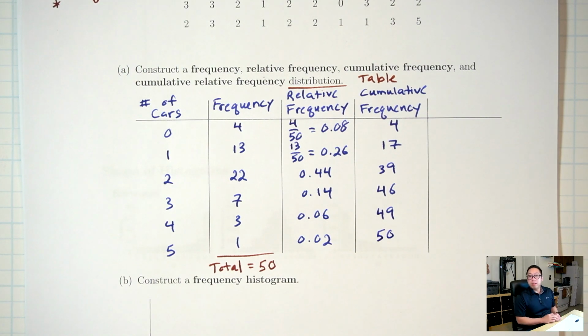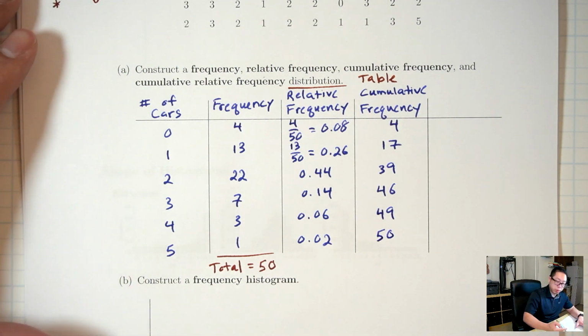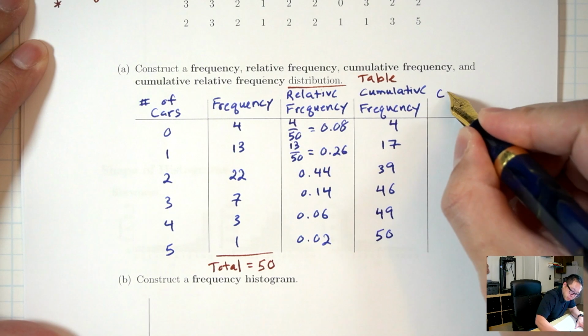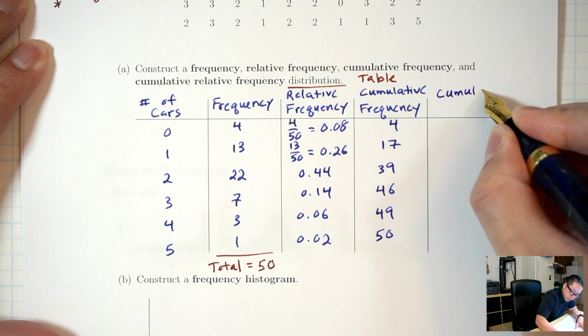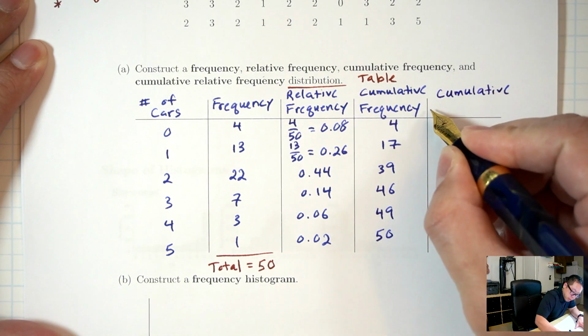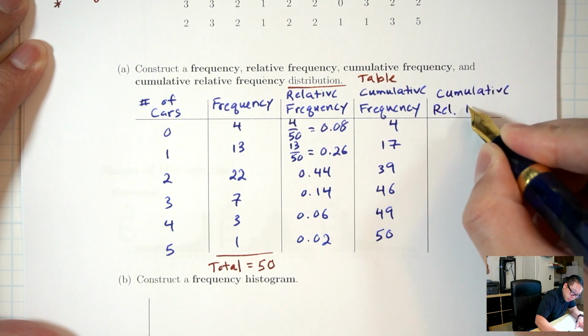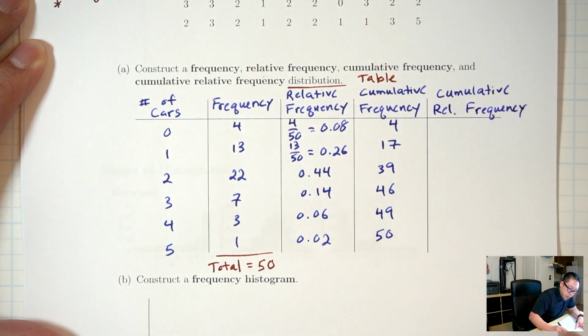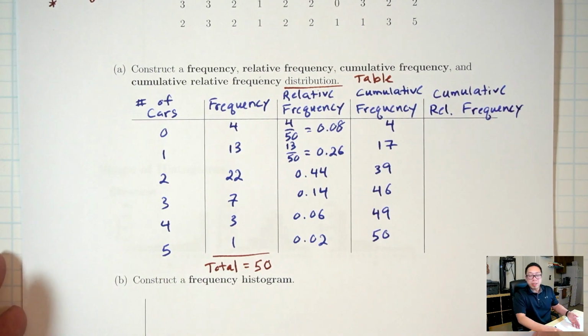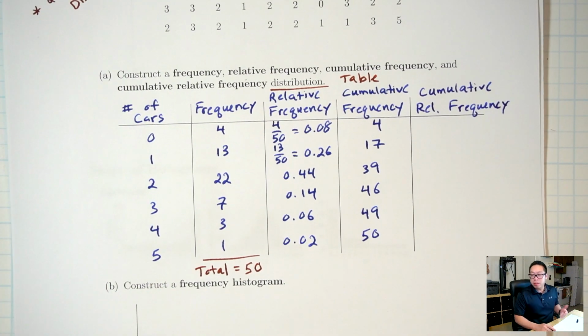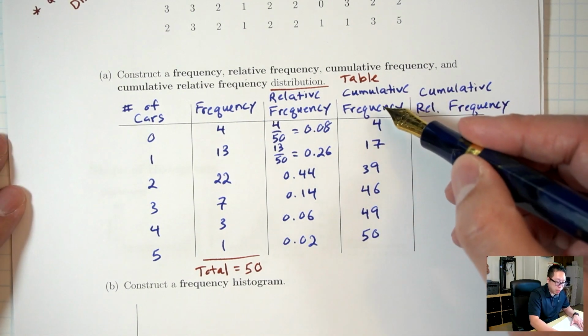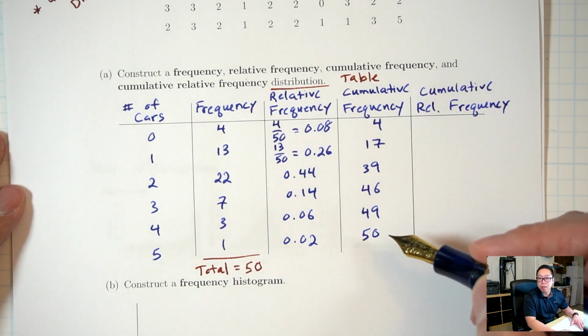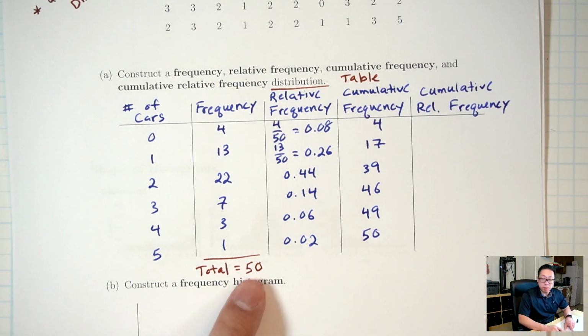And then finally, we have cumulative relative frequency. Anytime you see the word relative frequency, it means find the percent, right? So we're going to take all these regular cumulative frequencies and then divide it by the total number of people, which is 50.